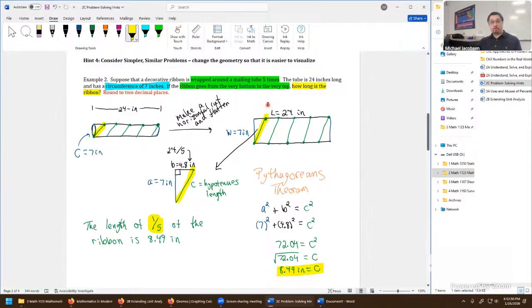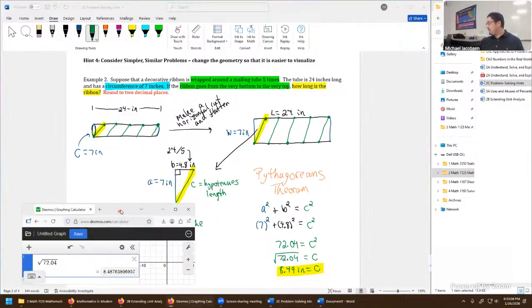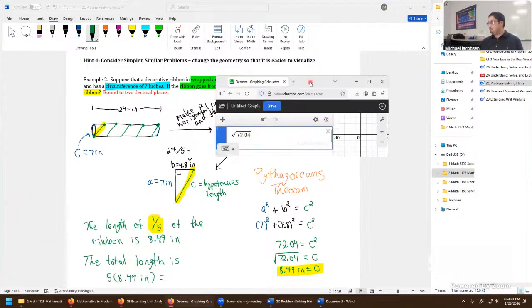So to get the total length of this ribbon, all we have to do is say total length is 5 times 8.49 inches. So this will be our final computation to get the end figure on this one.